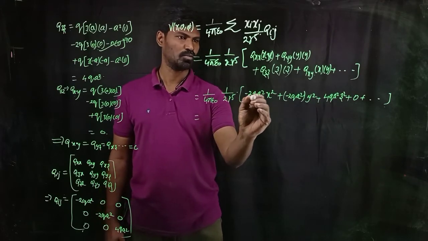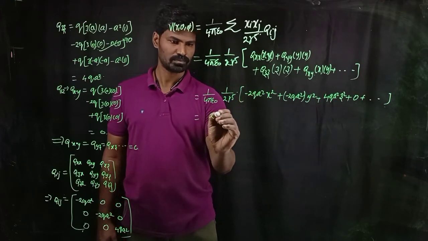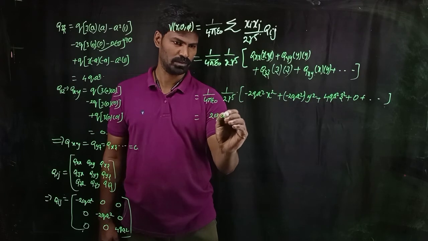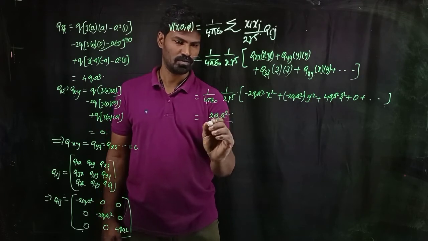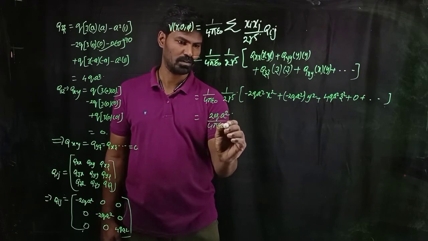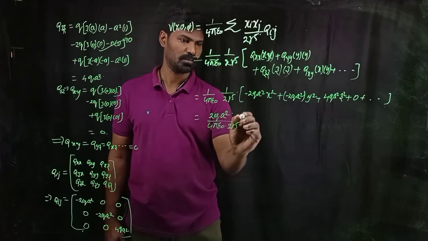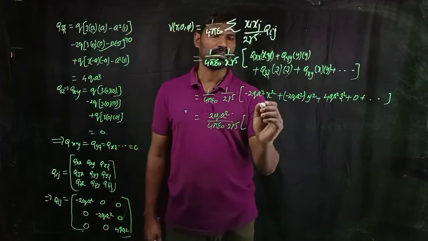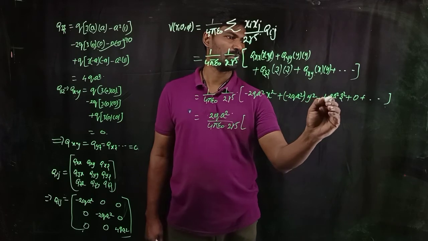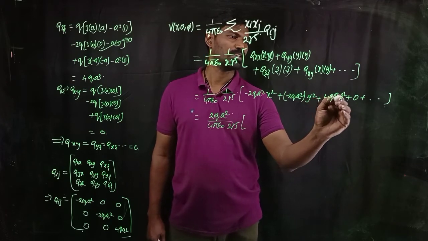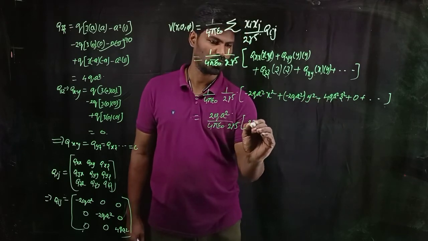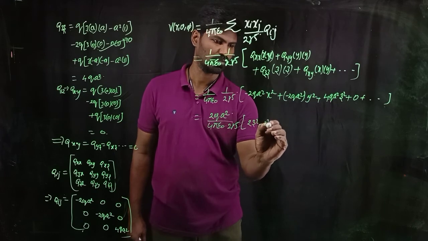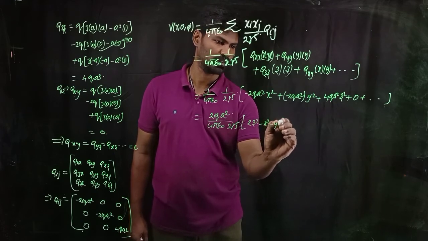That is equal to, I am taking 2q a square common, 2q a square divided by 4 pi epsilon naught into 2r power 5 into s. As I have taken 2q a square common, what you will be getting? 2z square is left over here, 2z square minus x square minus y square. This is the term.